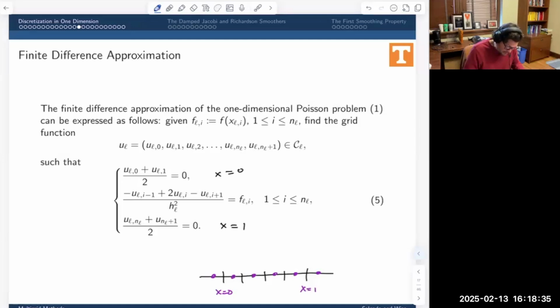So for example, if the value of the function is this negative value at the first grid point, that first grid point is going to be x_1, and this is x_2, x_3, x_4. And of course, this is going to be x_5 and this is going to be x_0.